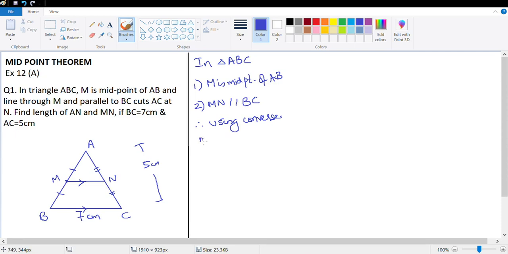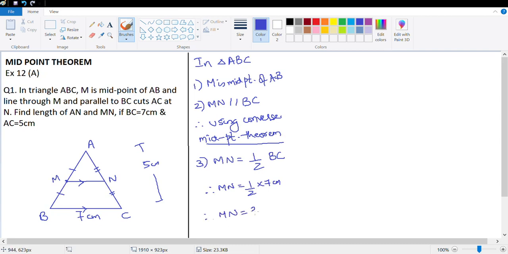So using converse midpoint theorem, we get MN is equal to half BC. We will not have to prove this every time. We can take this as given, as in this case this is converse midpoint theorem. So MN is equal to half BC. Now BC is given as 7 centimeter. Therefore MN is equal to half into 7 centimeter. Therefore MN is equal to 3.5 centimeter. Done. We've got the value of MN.